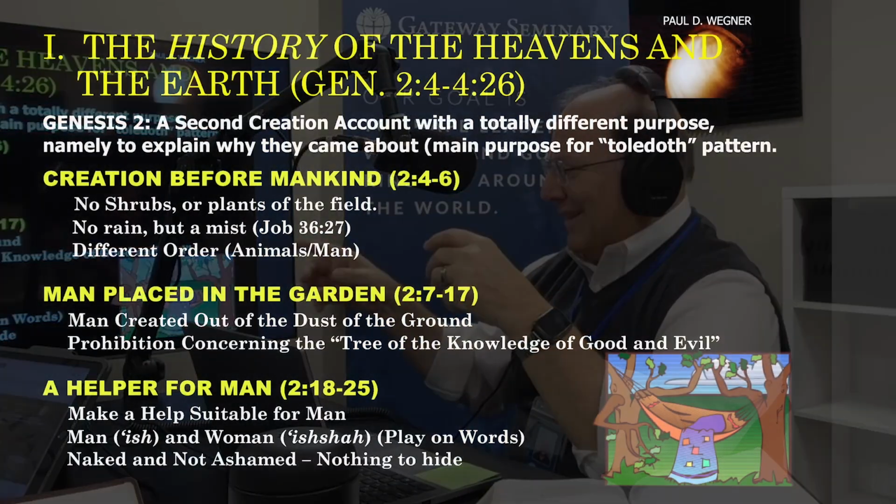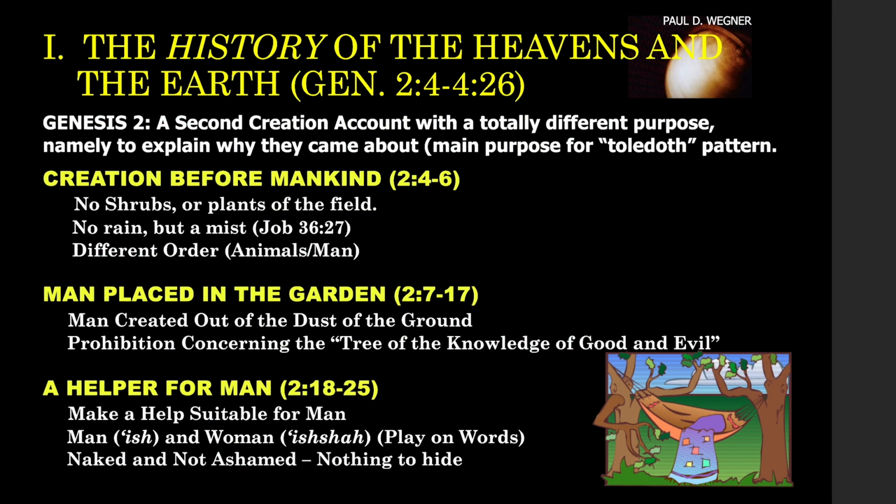And there's another place with a play on words. The word naked in chapter 2, verse 25, and then in chapter 3, verse 1, the word arum. It sounds like the same word, but it's a homonym. It has a different meaning, but it sounds the same.